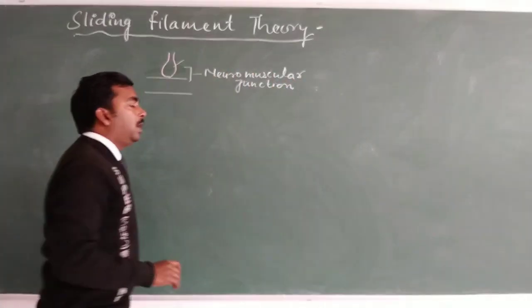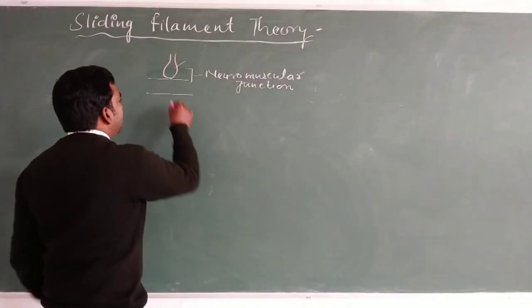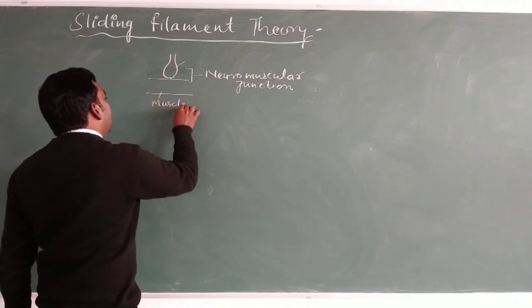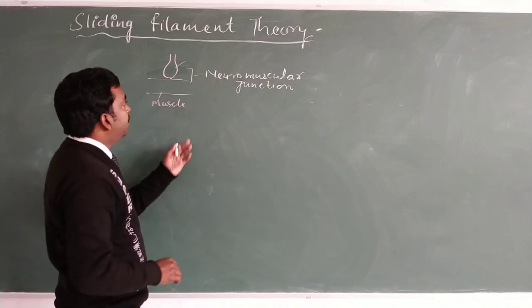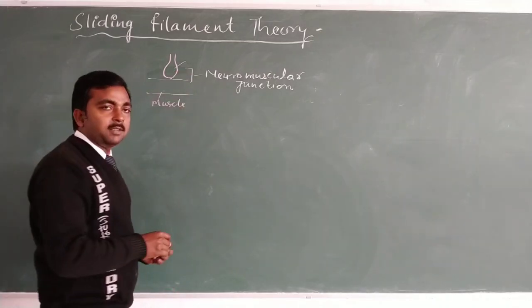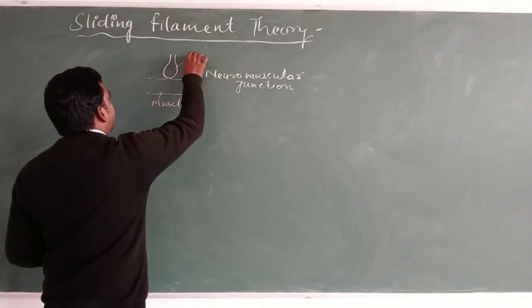So at the neuromuscular junction, this is the muscle, and the muscle receives the message for contraction with the help of the nerve ending.